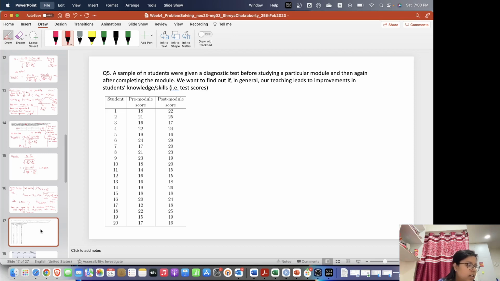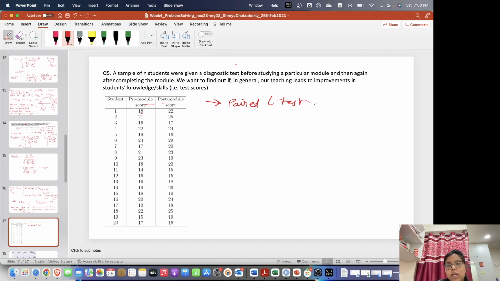so this is the next question. Here we have some pre-post kind of a thing, so this is most likely to be a paired t-test. Still, we'll just read. A sample of n students were given a diagnostic test before studying a particular module, and then again after completing the module.